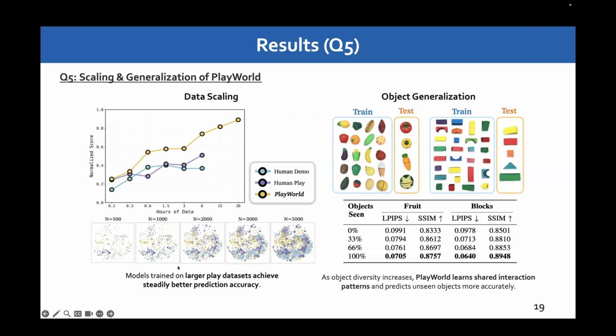But when you use PlayWorld and scale the play dataset to even bigger datasets, the increase is much higher. This shows that scaling the data makes PlayWorld much better. Similarly, when you increase the diversity of objects, it is able to predict unseen objects more accurately because it learns the shared interaction patterns between the different objects.